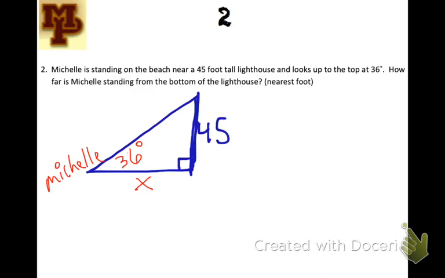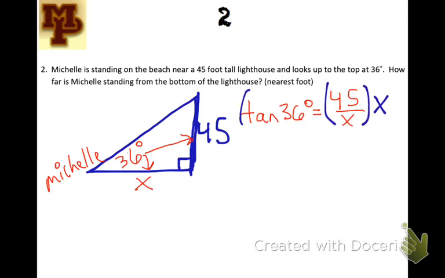Okay, so the relationship here is that from the angle it's opposite, and then this is adjacent, so that's a tangent relationship. So we would say tangent of the angle measure, which is 36 degrees, is equal to 45 over x. These problems, when the variable is on the bottom, I always do them in 2 steps.